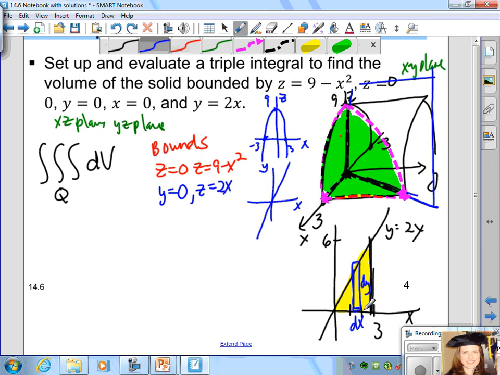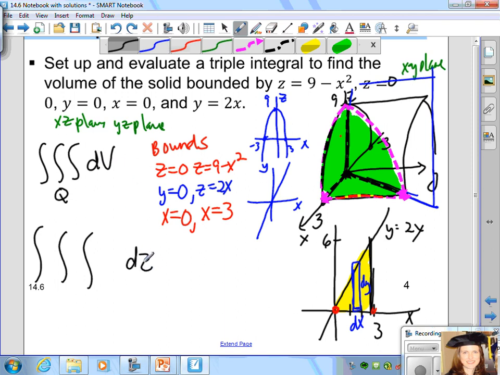And then you need your bounds for x. If you slide that rectangle to the left here, that's x equals 0, and slide it all the way to the right here, that is x equals 3.